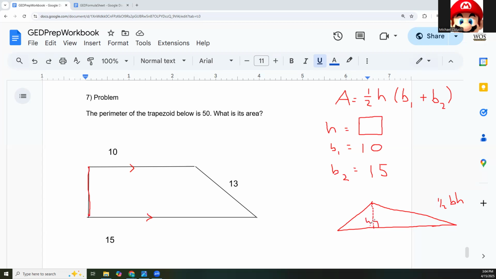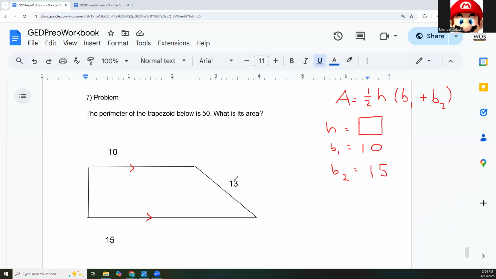So this is H and this is B. And sometimes if you have a right angle in the triangle, then this is H and this is B, or this can be B and this can be H. It doesn't actually matter, because you can switch the order in a multiplication problem also. Okay, that was just a little bonus fact for you, but let's get back to this problem, huh?